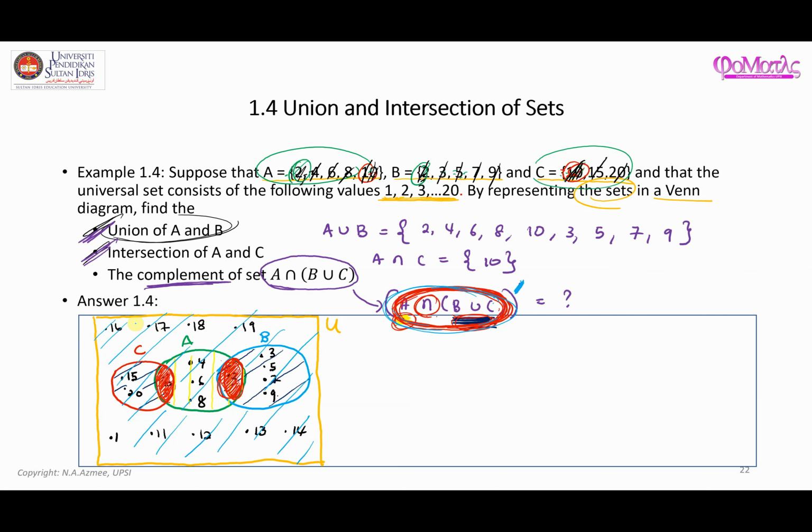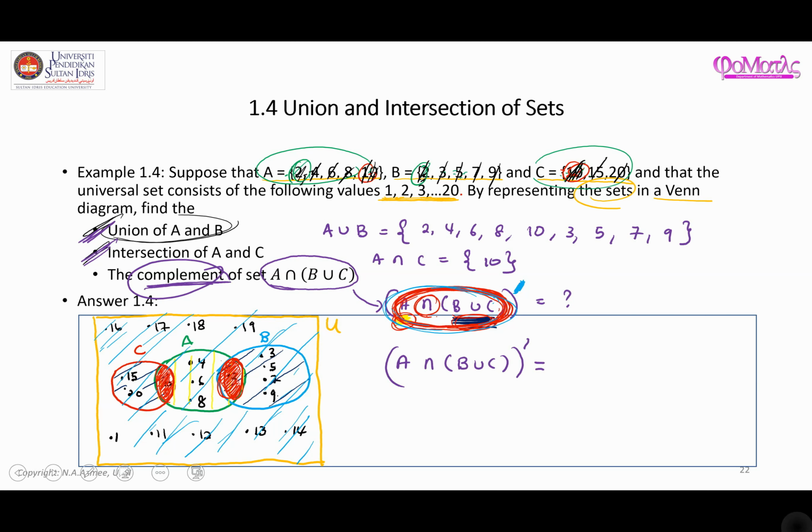And so the answer to this question, which is A intersect with B union C, the complement of that is going to be everything else.